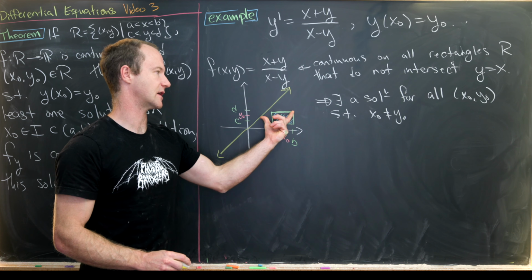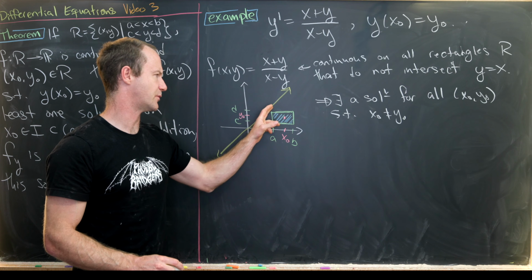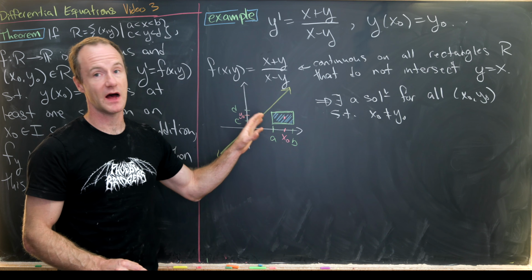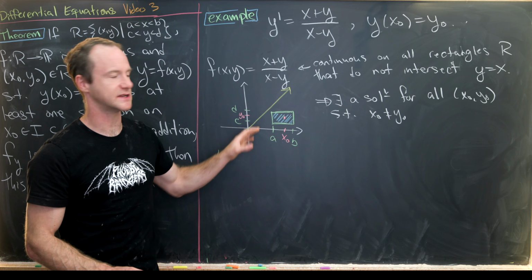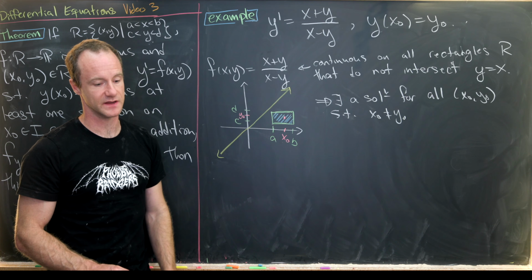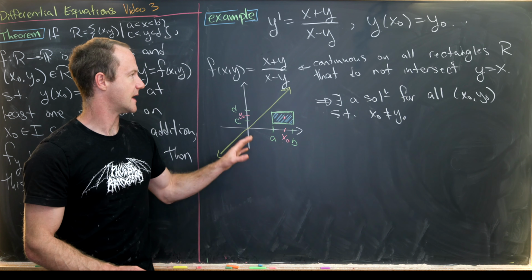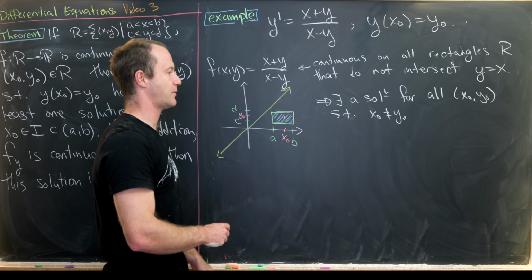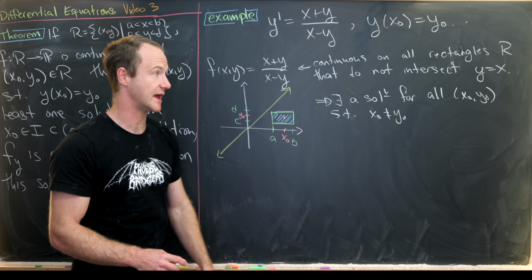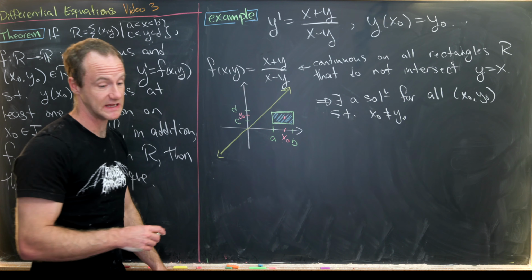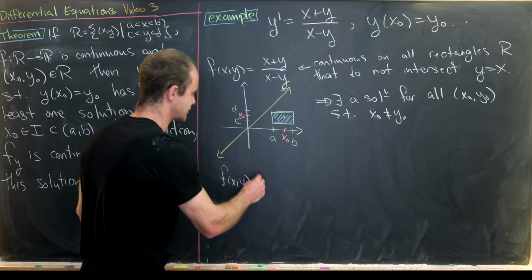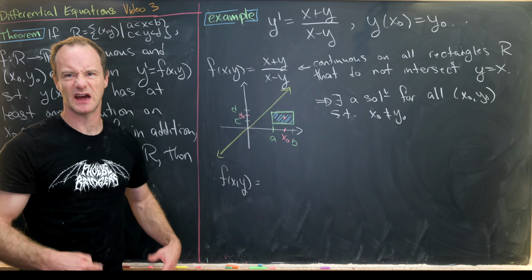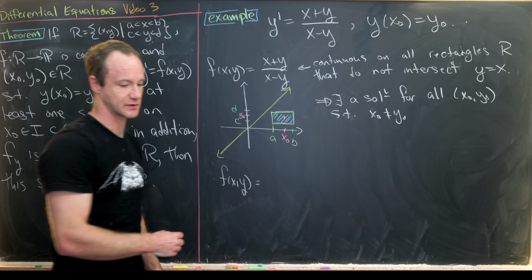Notice we could make our rectangle larger in this case up until the point where we would hit this thing. But that being said, we get a solution regardless as long as our initial condition does not lie on this line. Okay, so now let's go ahead and take the partial derivative with respect to y to see where we get uniqueness. And in order to take the partial derivative with respect to y, I'm actually going to rewrite this kind of in a nice way for taking the derivative with respect to y.